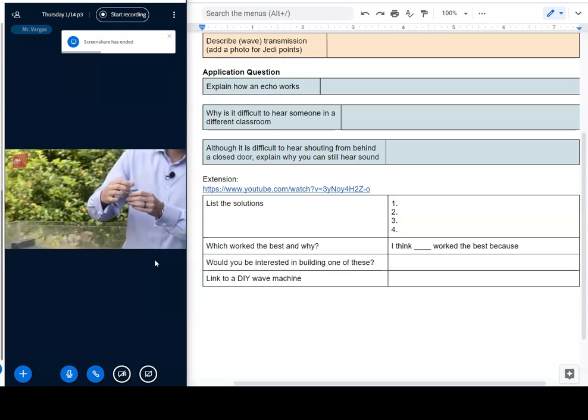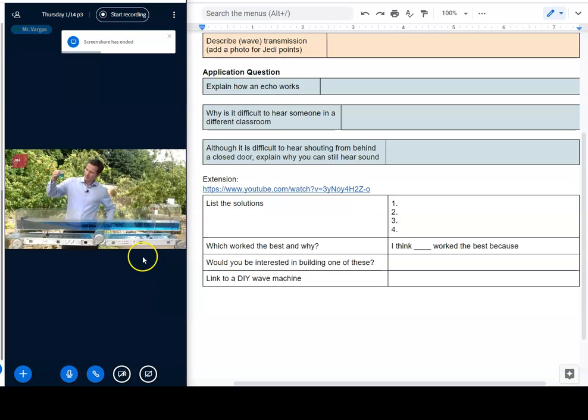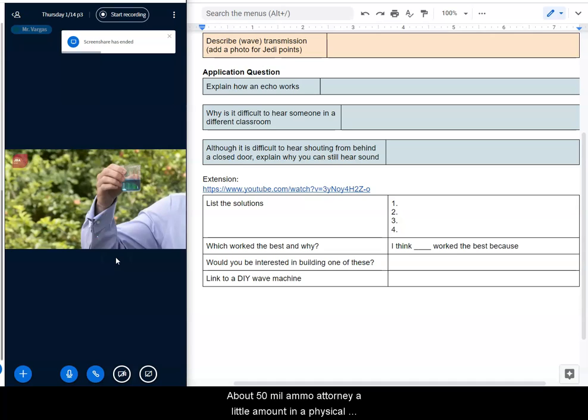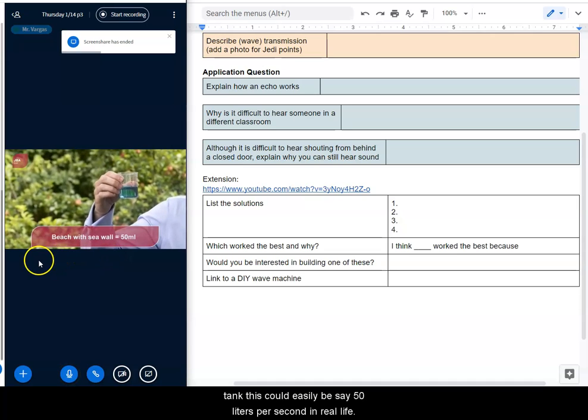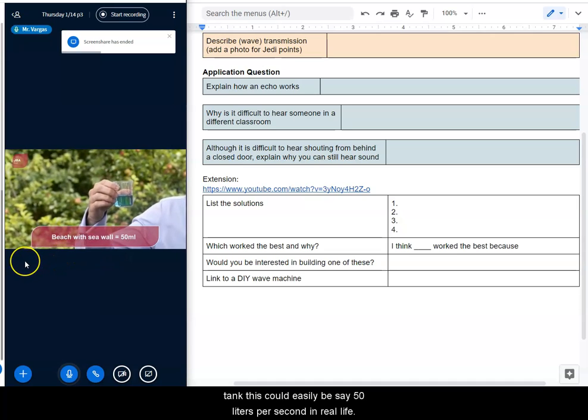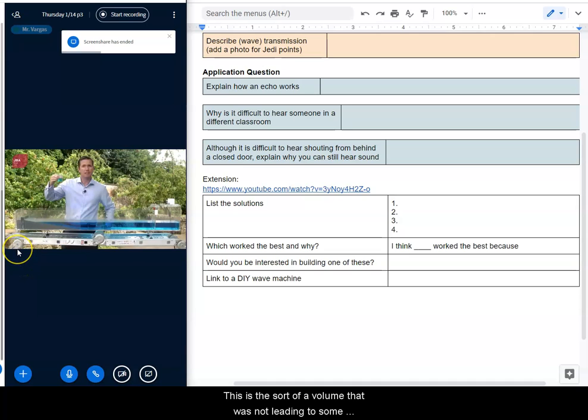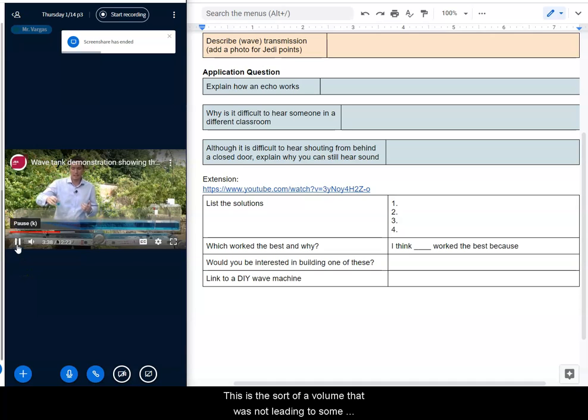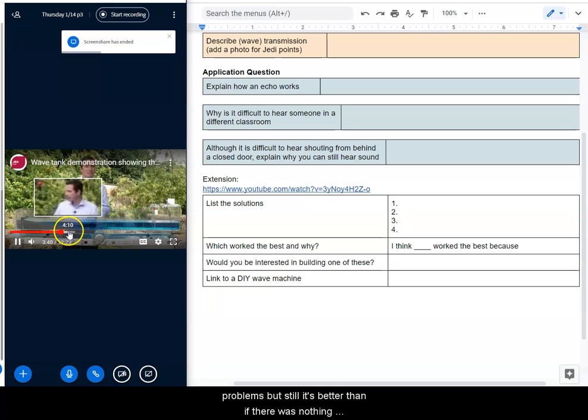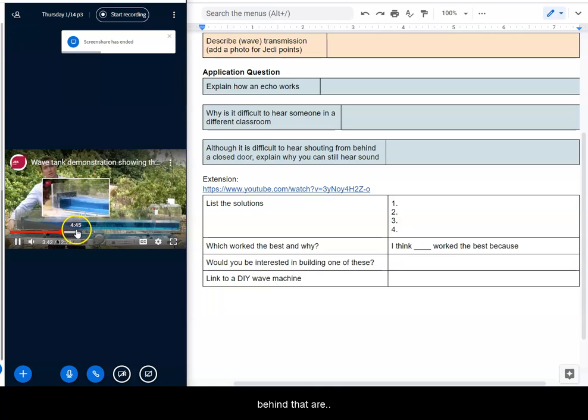Now what we've got here, we'll call that about 50 mil. And while it's only a little amount in our physical tank, this could easily be say 50 litres per second in real life. This is the sort of volume that will start leading to some problems. But still, it's better than if there was nothing behind there at all.